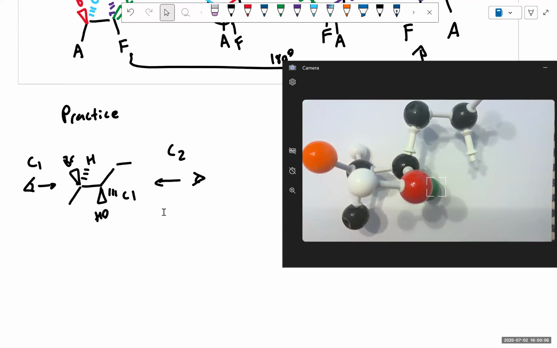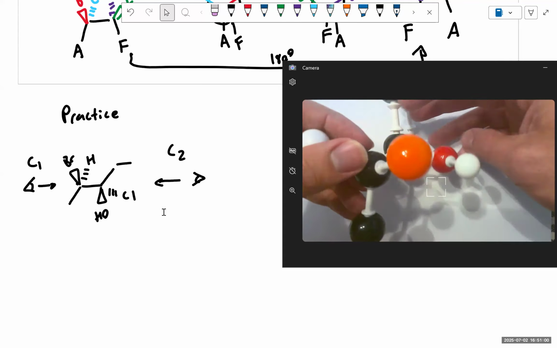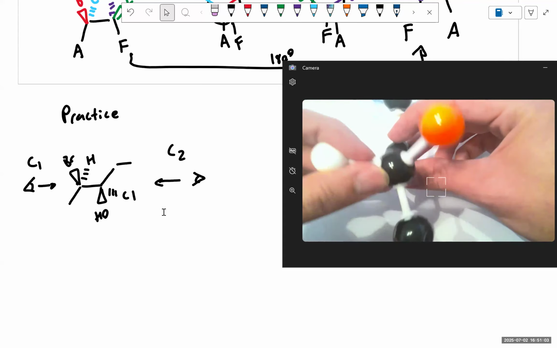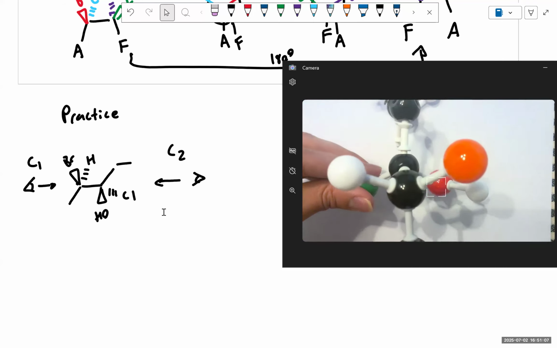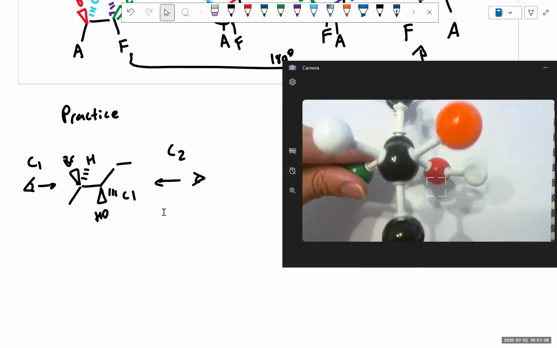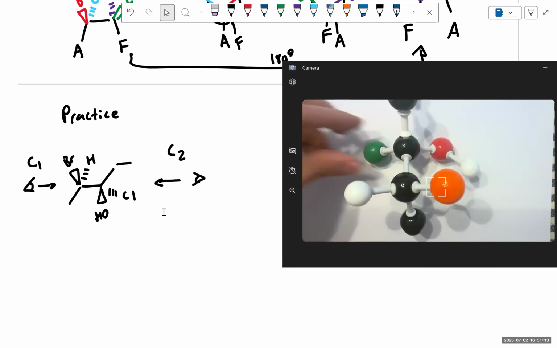So if I want to look down carbon 1, I just take carbon 1 and I put it in front. That in turn gives me the following Newman projection view. So now all I have to do is just draw what I see.